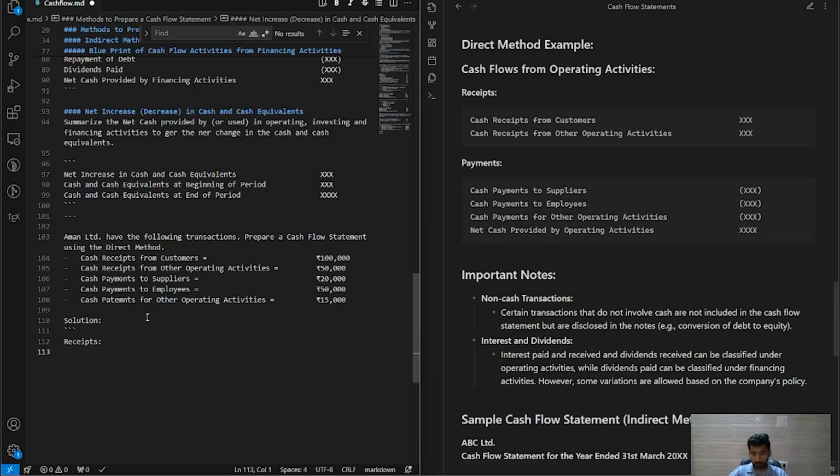Receipts, that is the cash receipts from customers, is rupees 1 lakh.